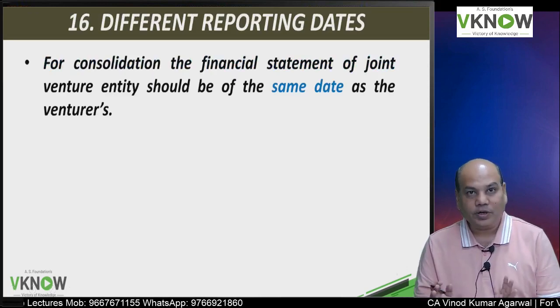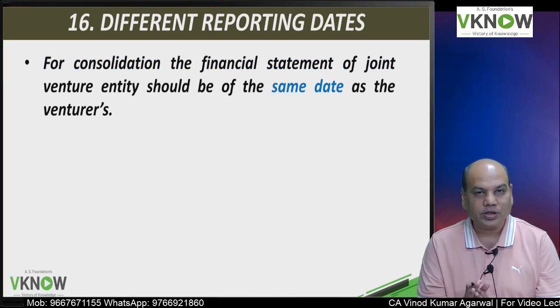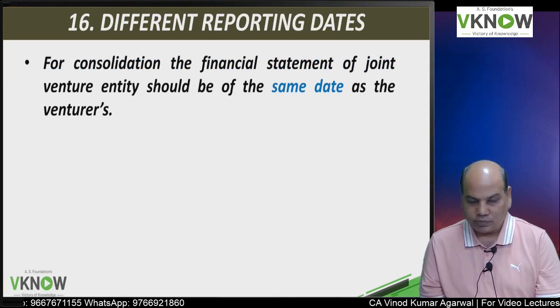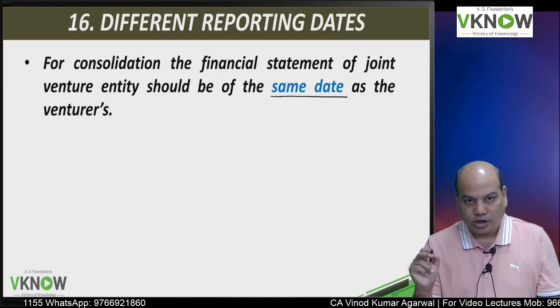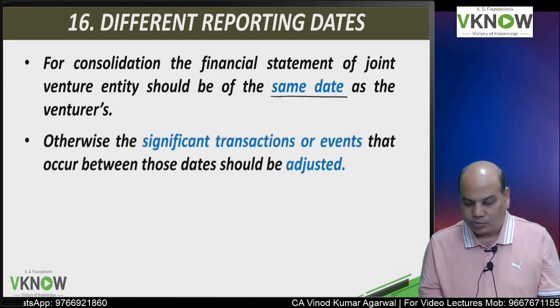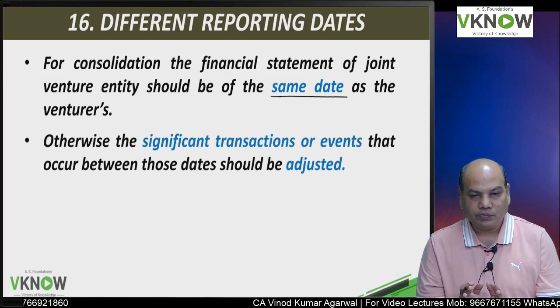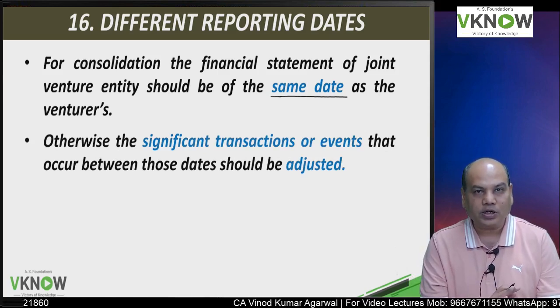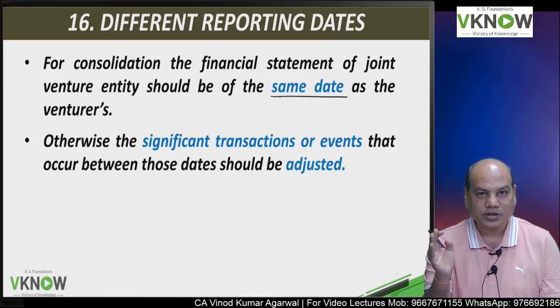Next point, different reporting date. We have covered the same paragraph in AS 23 also and AS 21 also. Ideally, the joint venture entity and venturer should have the same reporting date, but practically it may not be possible. Joint venture may be in a foreign country where the year ending date may be December or September.